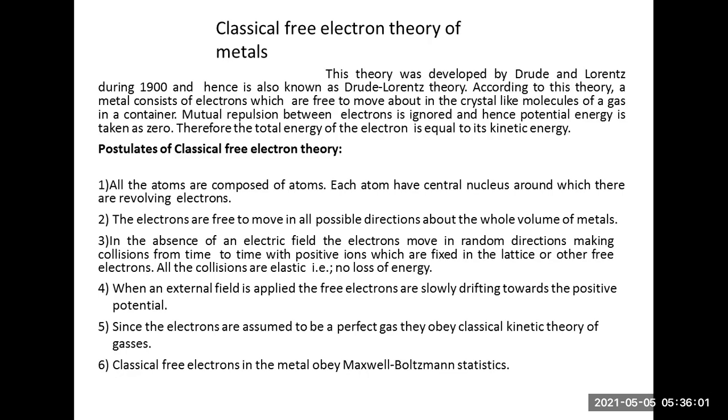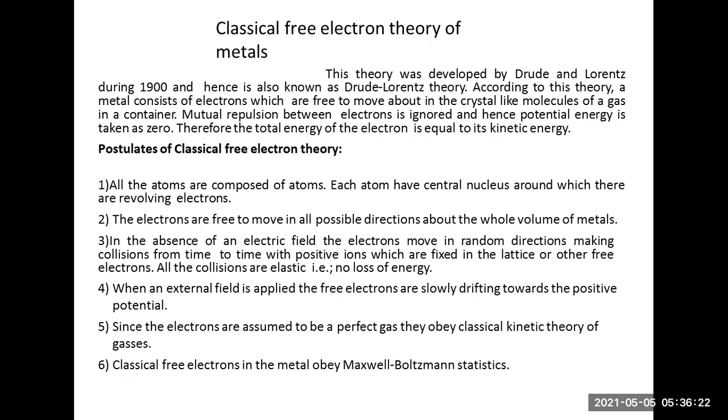So what is happening if you apply an electric field? And what is happening to the metal if you don't apply any external electric field? If you don't apply any electric field, the electrons move in random directions, and they will collide with each other and also with the positive ions.